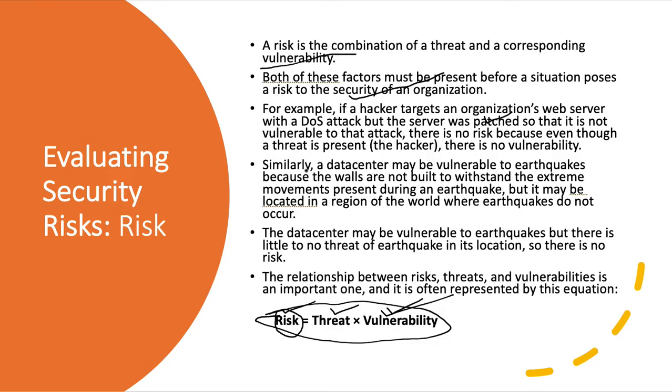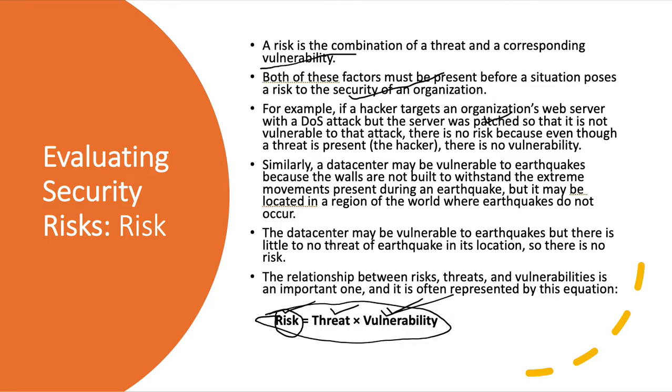Similarly, a data center may be vulnerable to earthquakes because the walls are not built to withstand the extreme movement present during an earthquake, but it may be located in a region of the world where earthquakes do not occur. So that is also not a risk, because our data center is in a location where we have not seen any earthquake in the past few years.